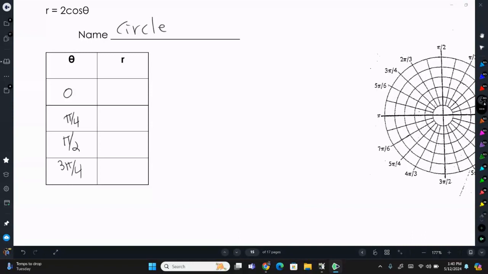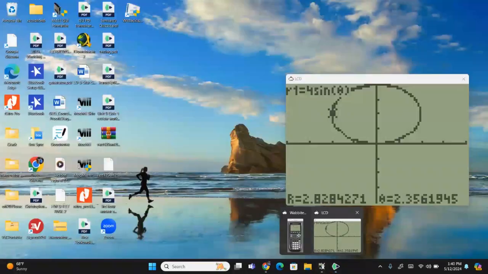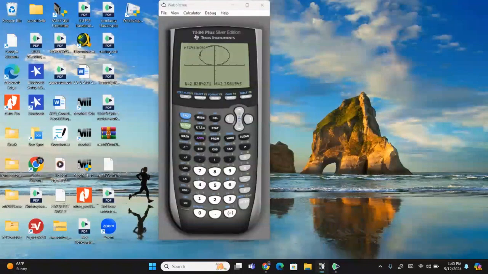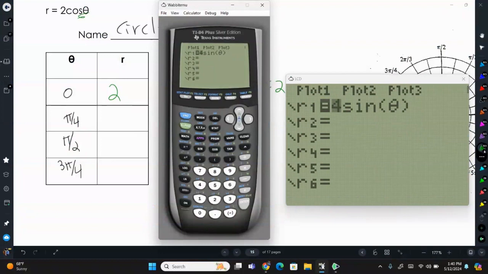And again, if you forget how to do the calculator, you can always just substitute these values in for theta. Like for example, 0, 2 times the cosine of 0. We know the cosine of 0 is 1, so 2 times 1 is 2. And you could go all the way down with those if you wanted to, and in some instances it might be even a little bit faster to do it by hand.